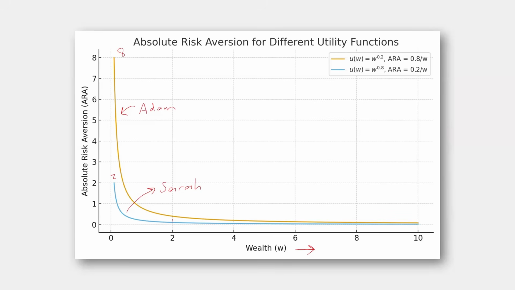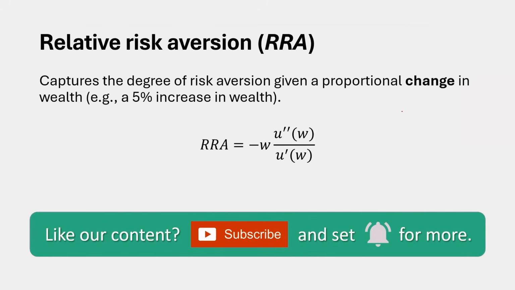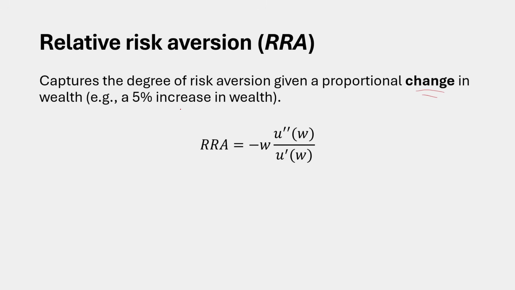Now, this captures risk aversion for a certain level of wealth. Let's now talk about relative risk aversion. In contrast, this will capture risk aversion given a proportional change in wealth. So for example, a 5% increase in wealth.